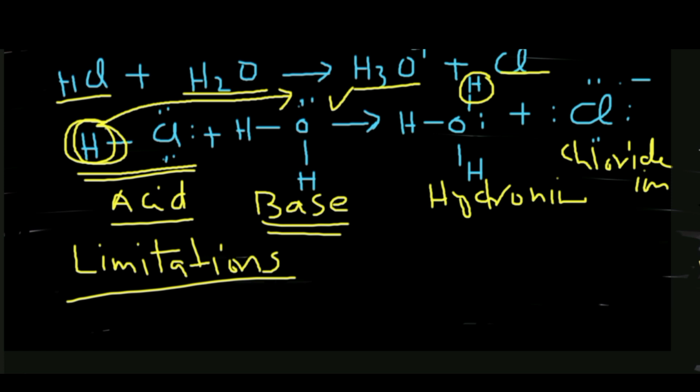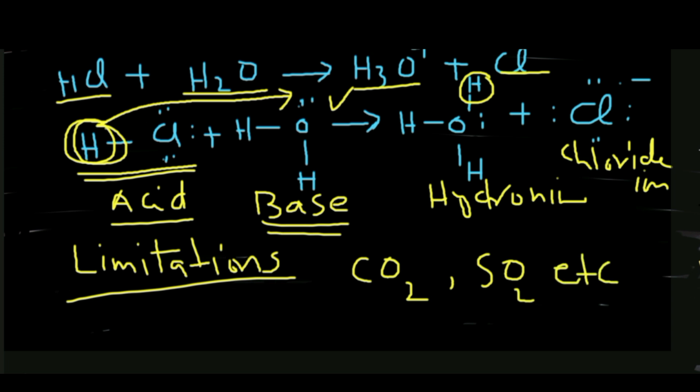So you can say the Lowry-Bronsted concept of acids and bases has limitations because it doesn't explain CO2, which is neither an acid nor a base. You can say the same for sulfur dioxide.